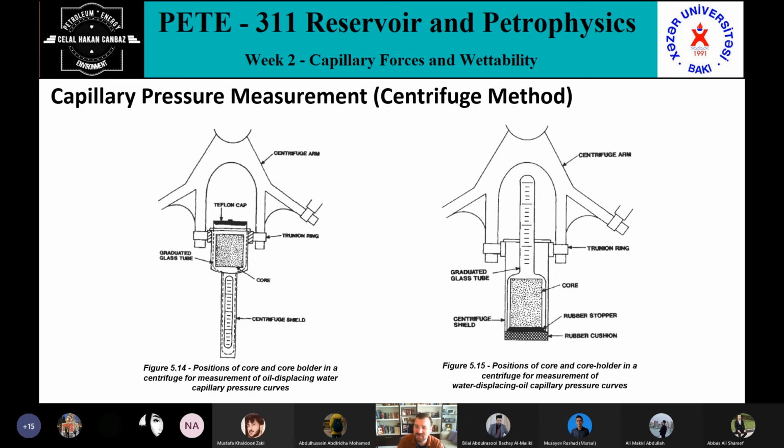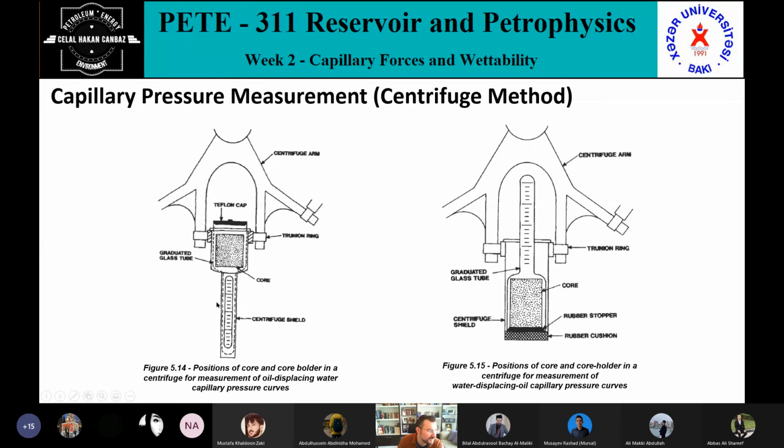Here the core is placed in a cup containing an extended calibrated small diameter tube, where the fluids displaced from the core by centrifugal force are collected. For example, in the situation you see here, my centrifuge shield is in the lower part. In the second, the centrifuge shield is in the upper part.